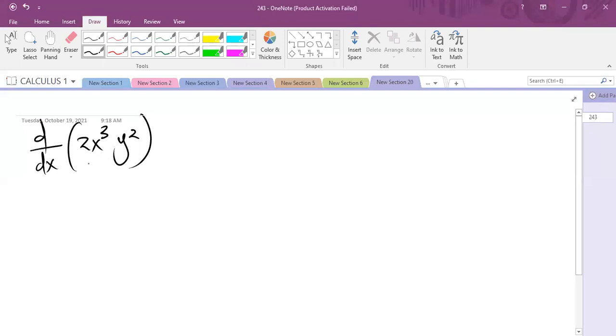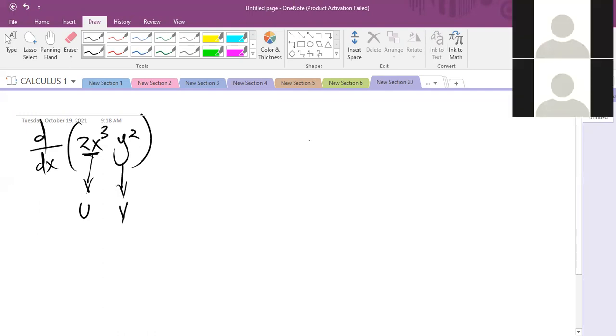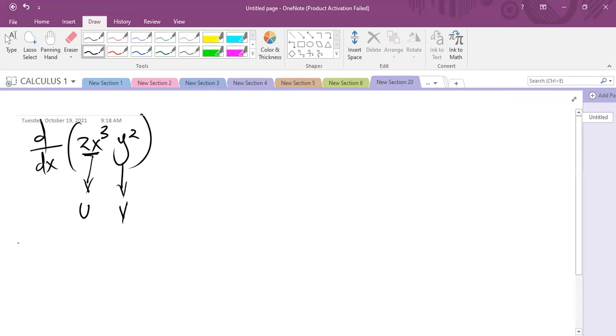So guys, this is a product, and we will let this be our u, and this be our v. We are using product rule, u'v + v'u. If u is 2x^3, what is our u prime?